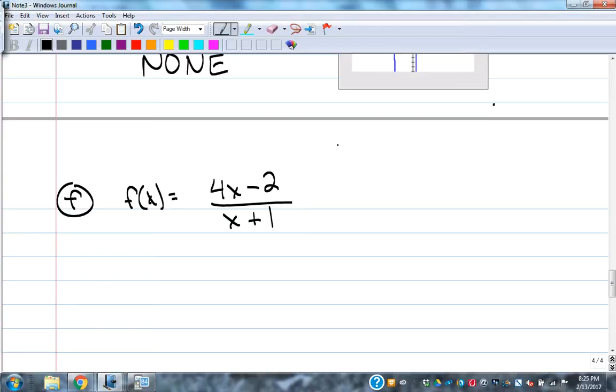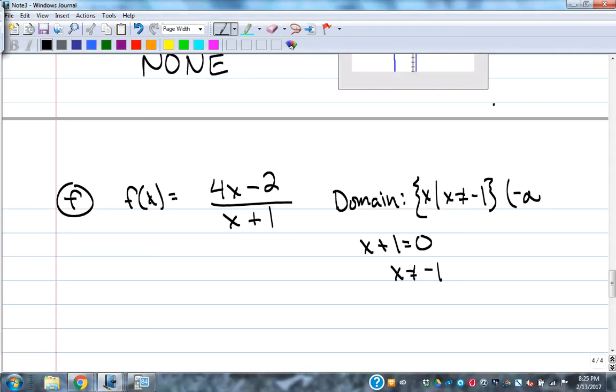What's the first thing we're going to do? You mean the domain. And the domain comes from doing what with the denominator? Yeah, setting it equal to 0. No factoring to do on this one, so that's nice of them. X can't be -1, right? Easy. Pretty boring here.